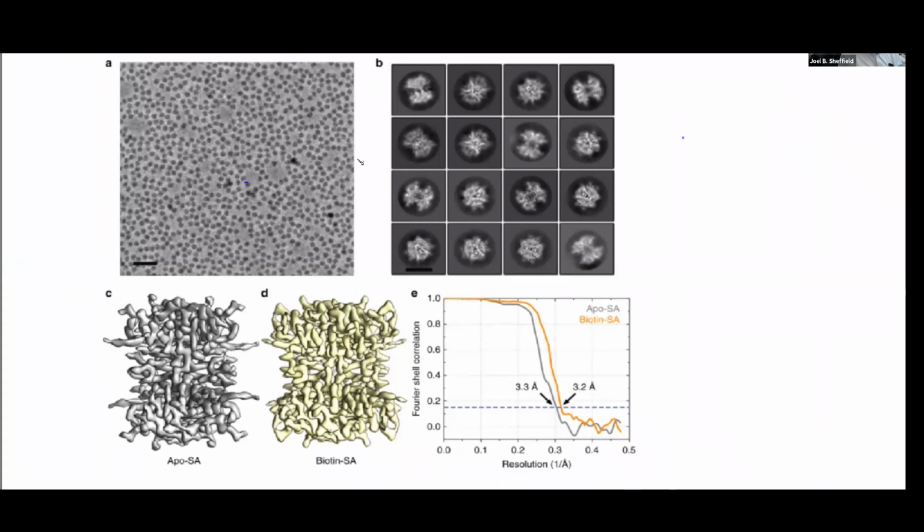And many of you who have done immunological work are aware of avidin biotin combinations. And so this in A is this low magnification, low contrast image. And what you see in B is the accumulated collection of various views of that molecule.